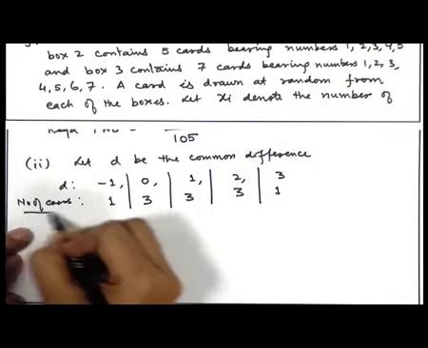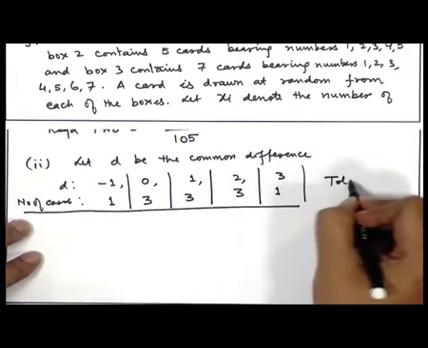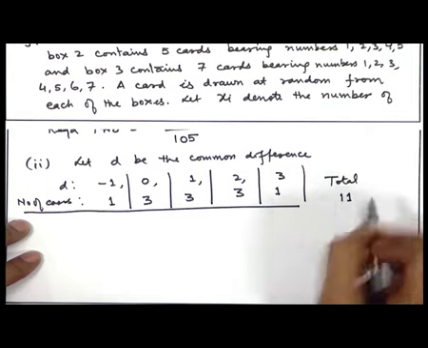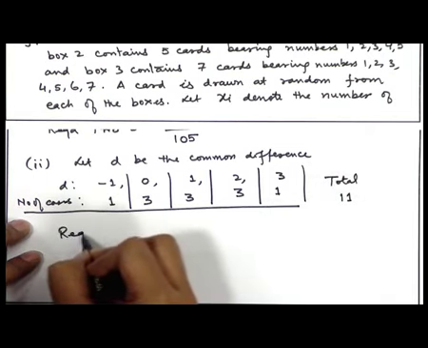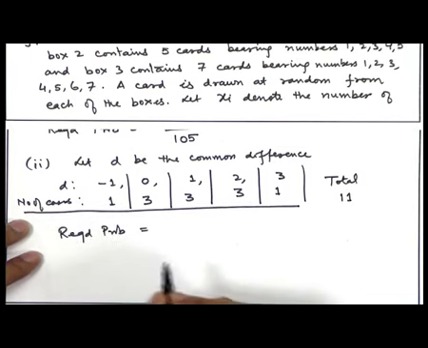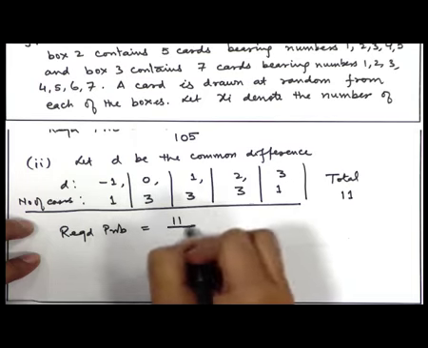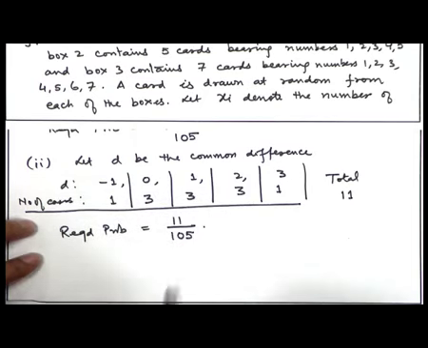So, total number of cases is 11. So, the required probability that x1, x2, x3 are in an arithmetic progression is 11 by 105.